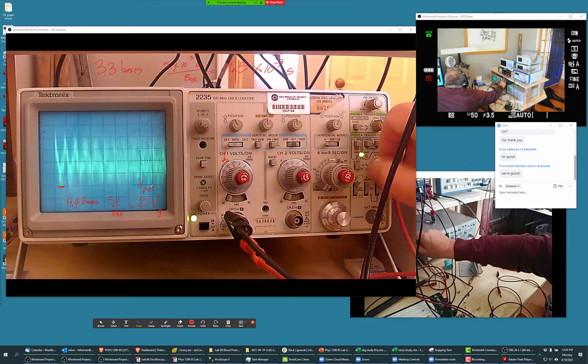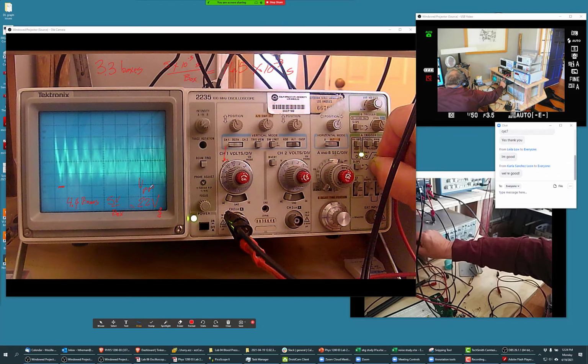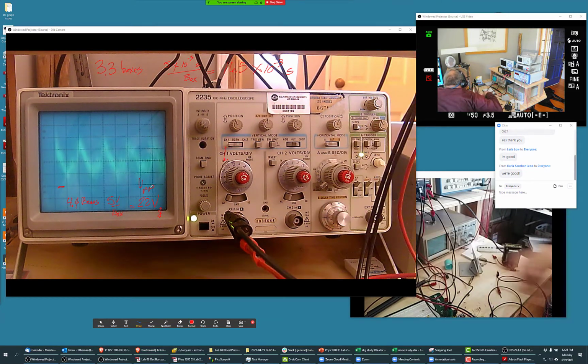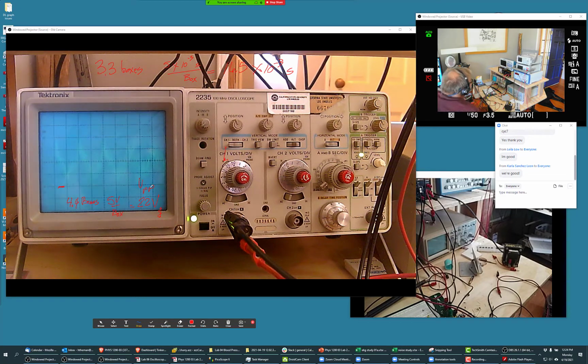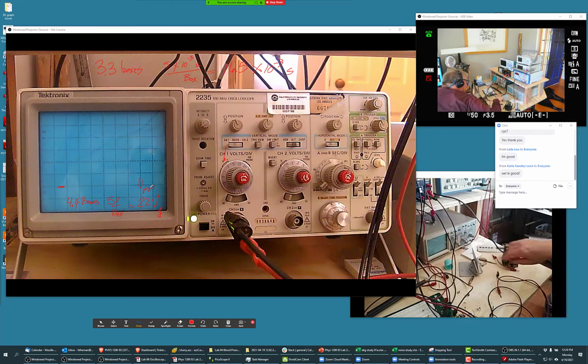It sort of cleans things up, right? It's kind of a filter. Again, it's not super important for you guys, but that's what it does. Okay, so let's go back to the transformer.